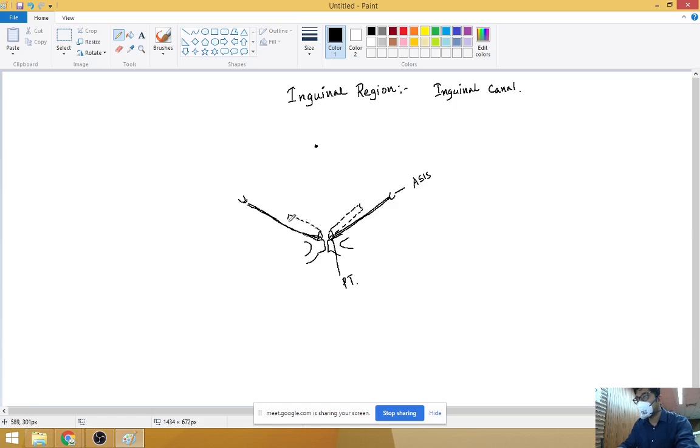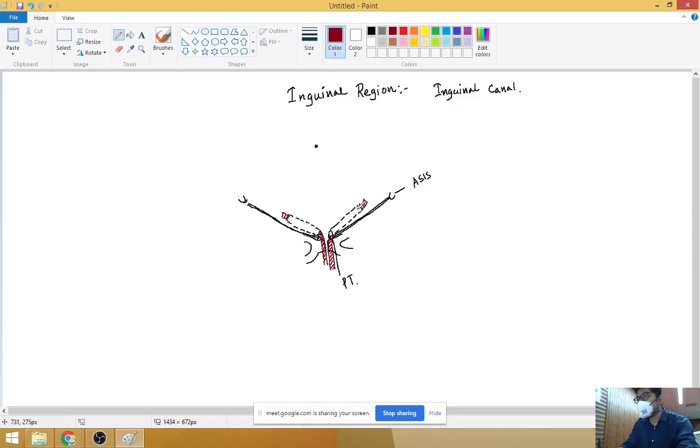Through it, the spermatic cord passes in case of males, and in case of females, it is the round ligament.